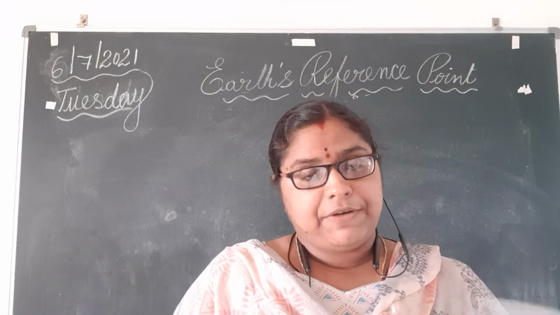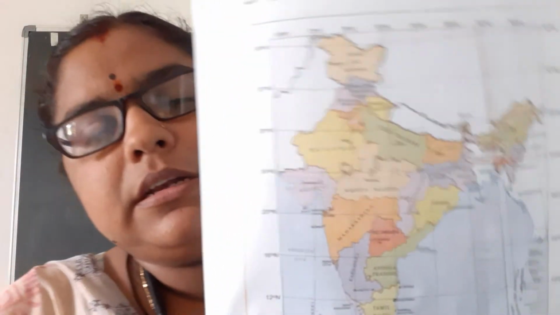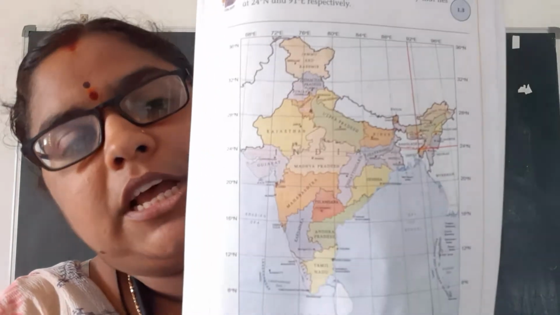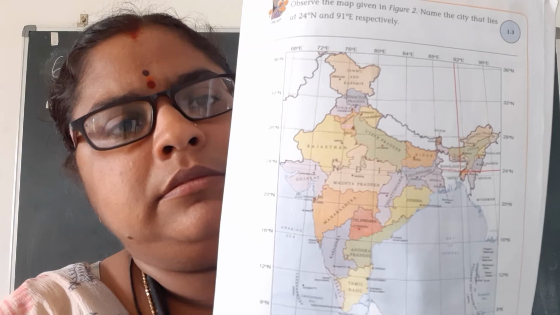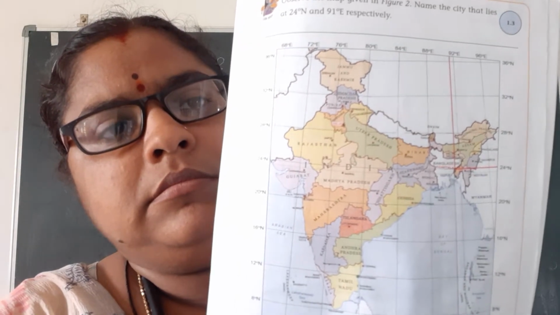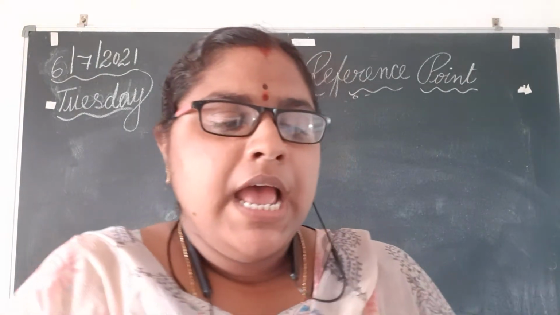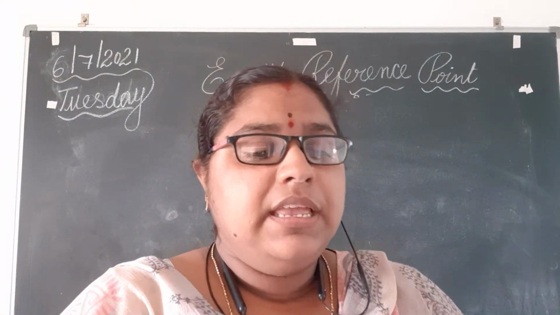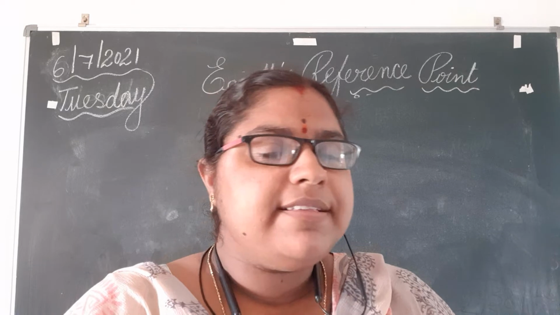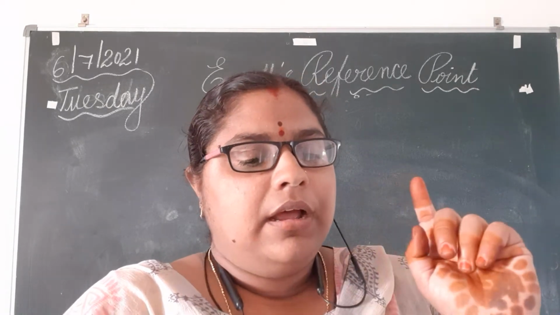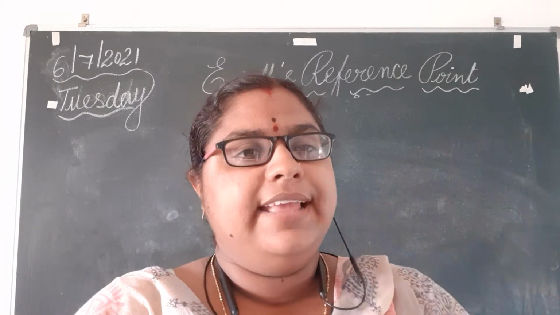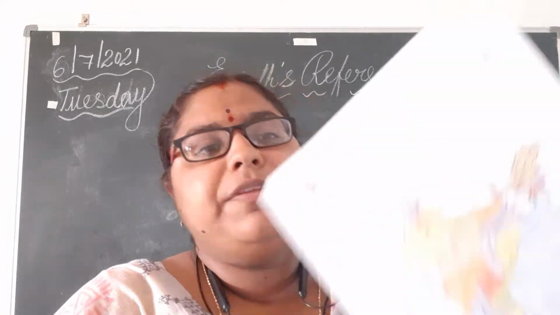Next, see page number 5. Observe the map here. Did you observe this? Now I am reading the question. Observe the map given in figure 2. Name the city that lies at 24 degrees north and 91 degrees east respectively.